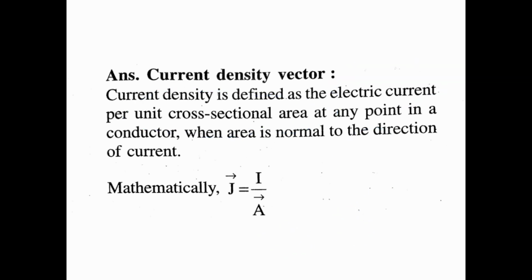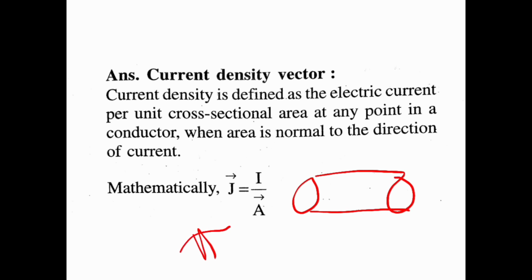If there is a conductor, we have to determine the current density vector, and we also know the quantity of electric current flowing through it.